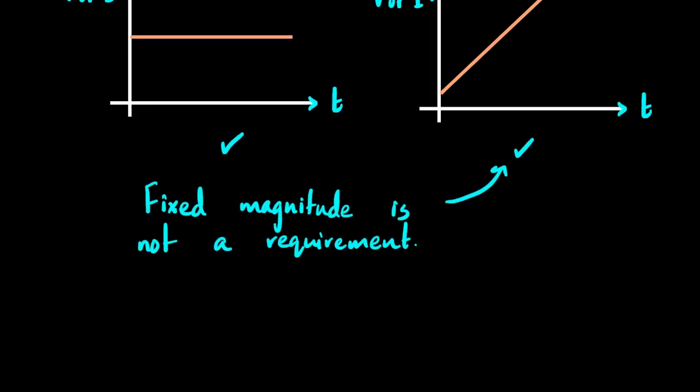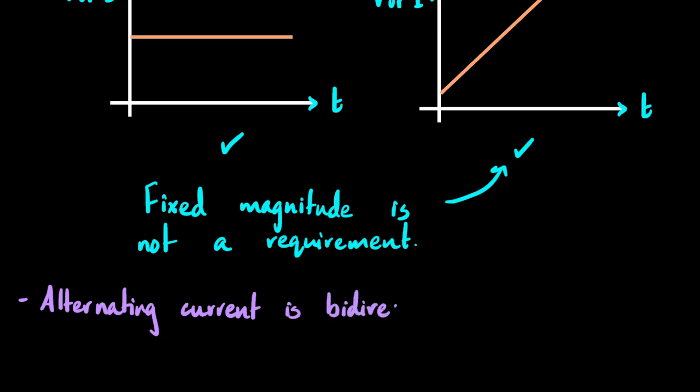Now, on the other hand, if we talk about alternating current, alternating current is bidirectional. Obviously, with currents and voltages, you can either have one direction or you can have two directions. You can't have more than that.